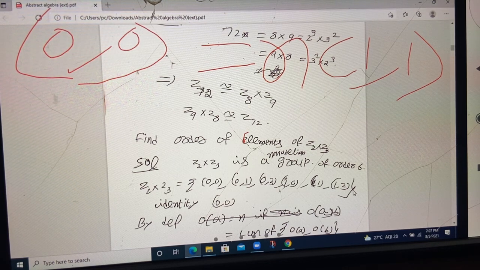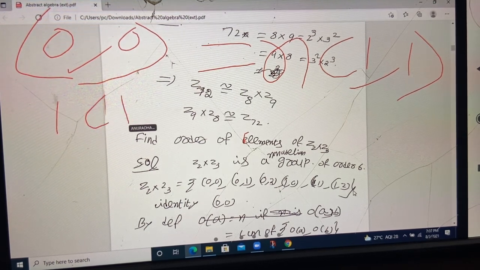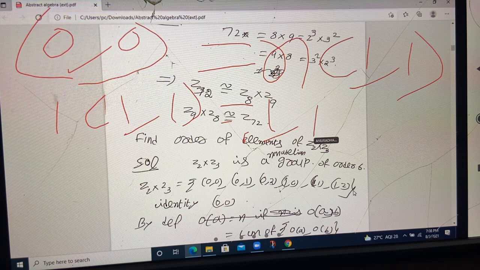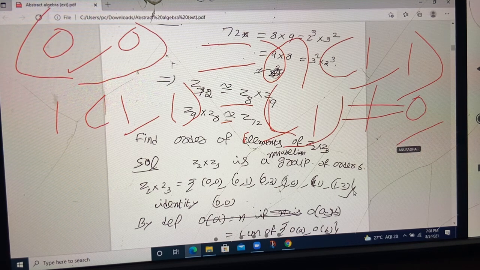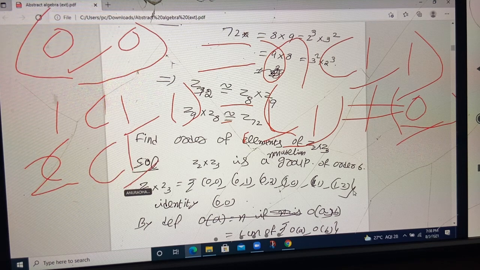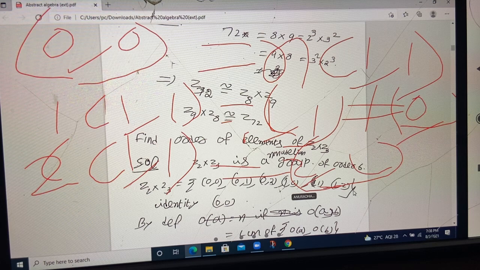If you take 1 into (1, 1), it is (1, 1), which is not (0, 0). 2 into (1, 1) is (2, 2), because 1 plus 1, 1 plus 1, which is not equal to (0, 0).